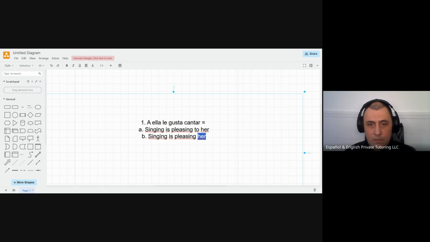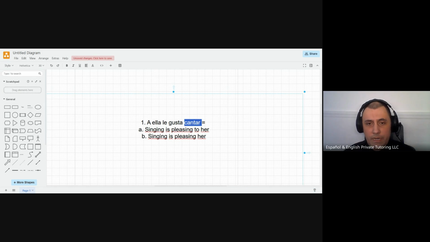A ella le gusta cantar. Okay, cantar is the subject, this is the predicate. So to sing what? A song, no? The action of liking to sing something is falling directly into the song or whatever she's singing.